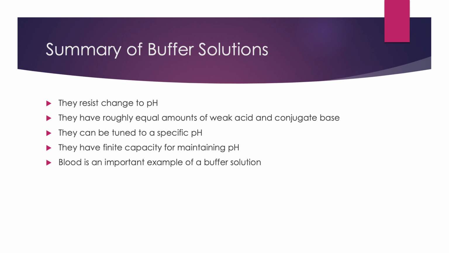And I mentioned during the course of the lesson, the blood is an important example of a buffer solution that helps you maintain the right amount of acidity in your blood or basicity in your blood so that necessary chemical reactions take place rather than being thwarted, if you will, by the presence of an acid.